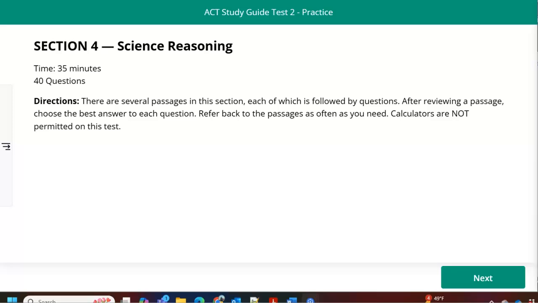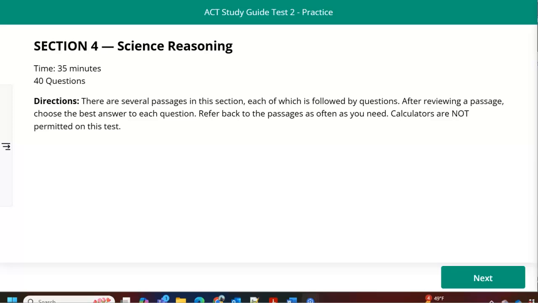There will be 6 passages, maybe 7. You'll get 2 or 3 data representation questions. You'll get 3 research summaries. You'll get 1 conflicting viewpoint. The questions tend to get harder as you go through each section. And the passages themselves may get a little harder as you go through.